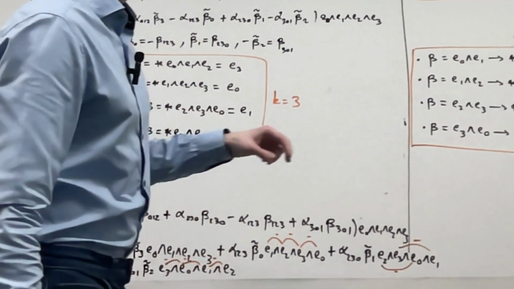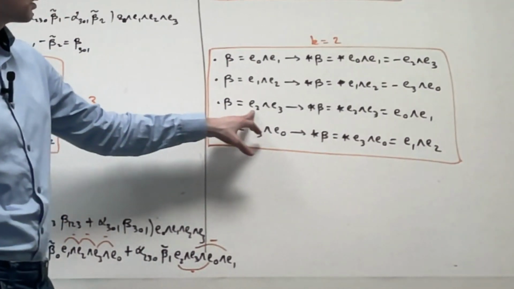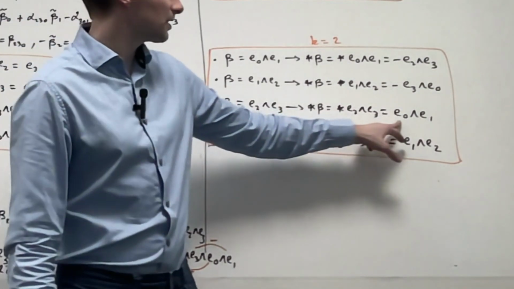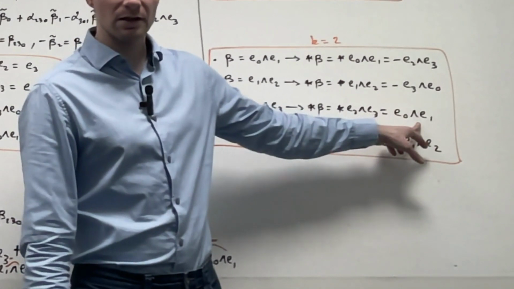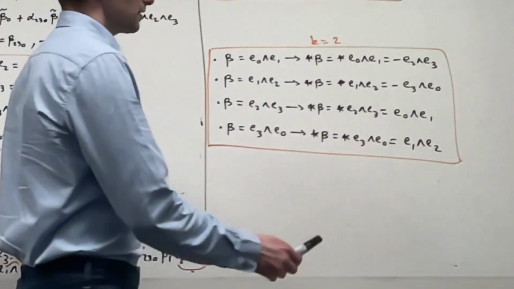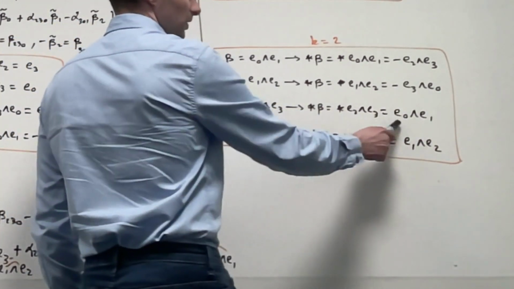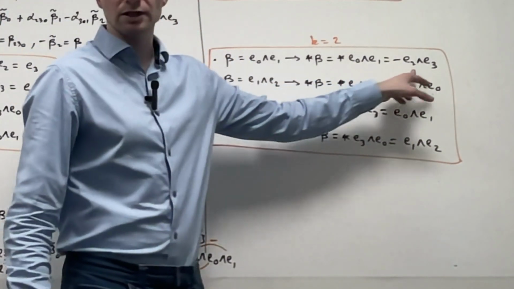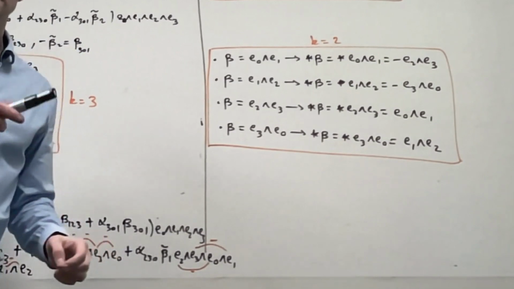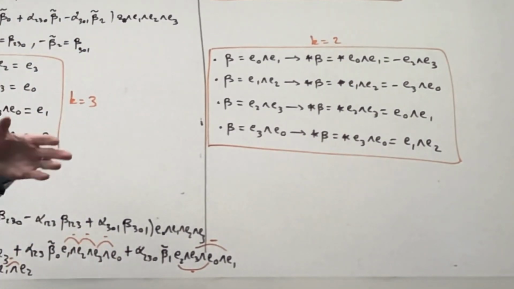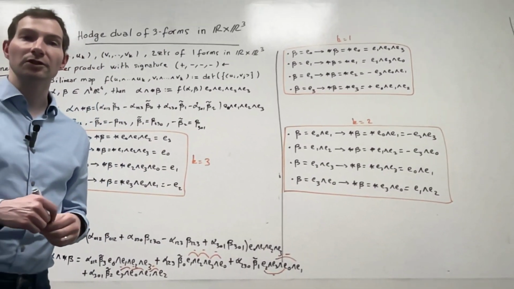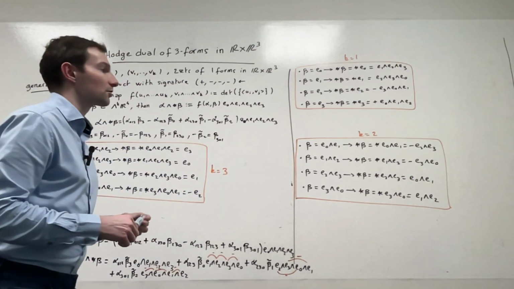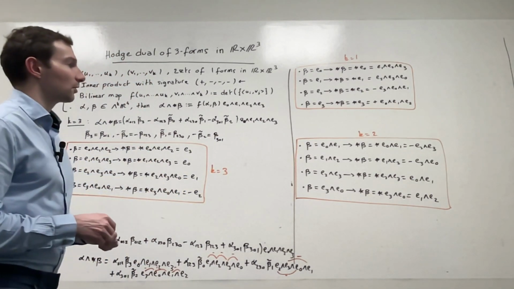For example, here you've got that the star of E2 wedge E3 is actually E0 wedge E1. But if you take the star of E0 wedge E1, you get minus E2 wedge E3. So it's not involutive; a minus sign comes in when you introduce the double dual.